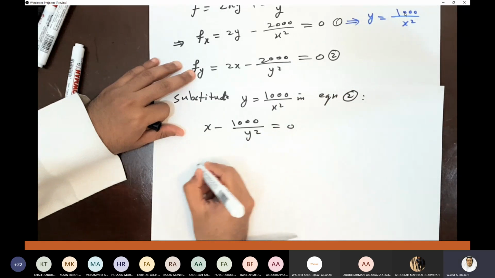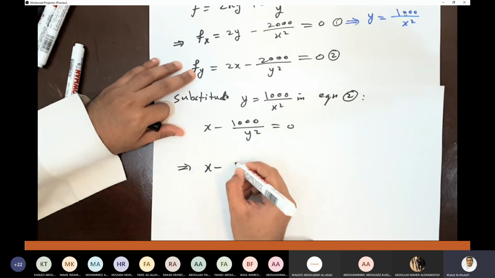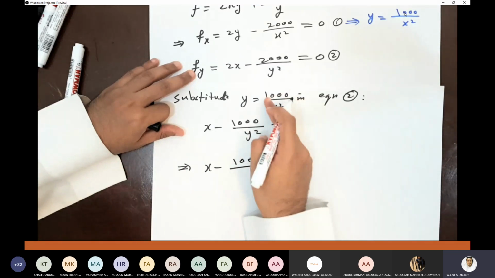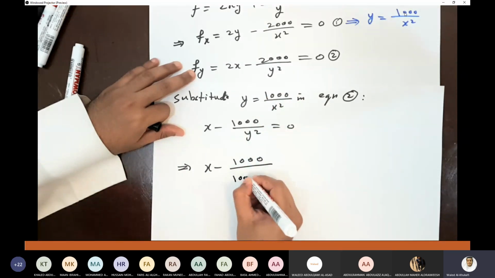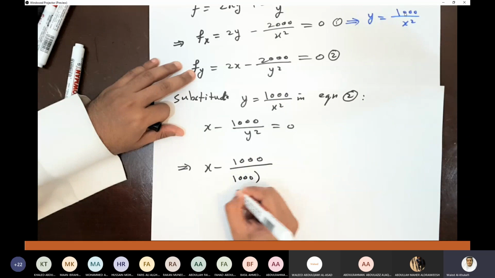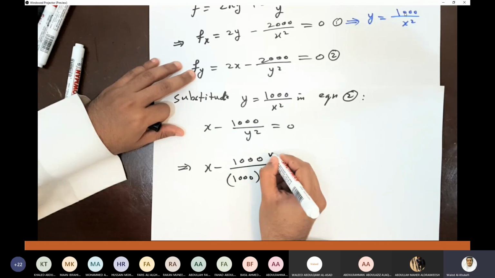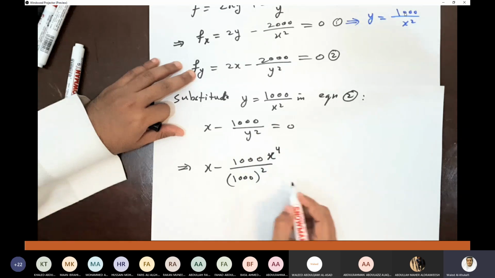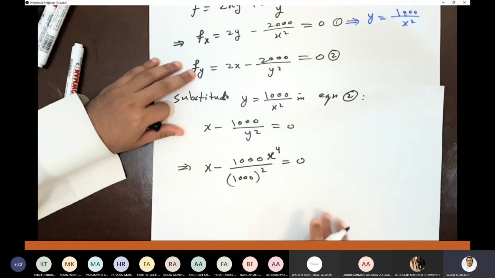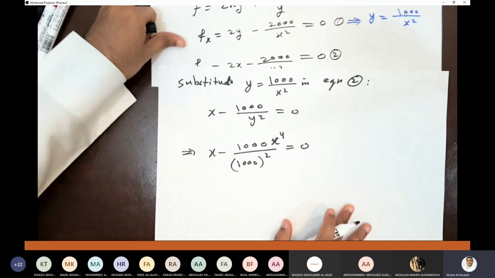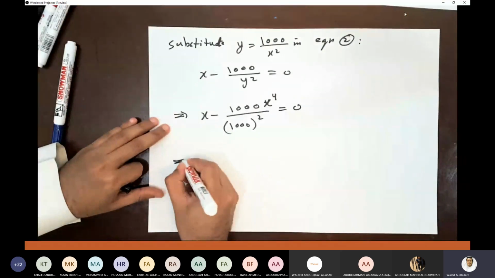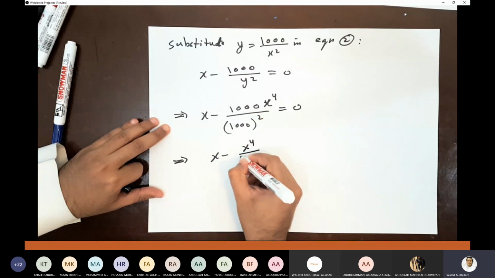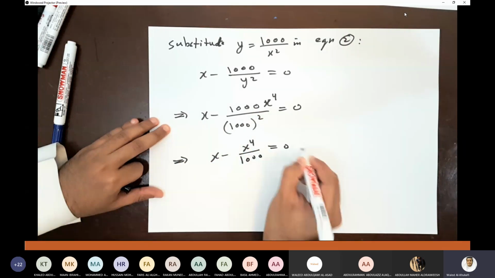This implies that x minus 1000 over, keep in mind you are squaring this, so this is 1000 squared, and the x squared down becomes x to the power 4. Now this will become x minus 1000 canceled with 1000, so you have x to the power 4 over 1000 equal to 0.